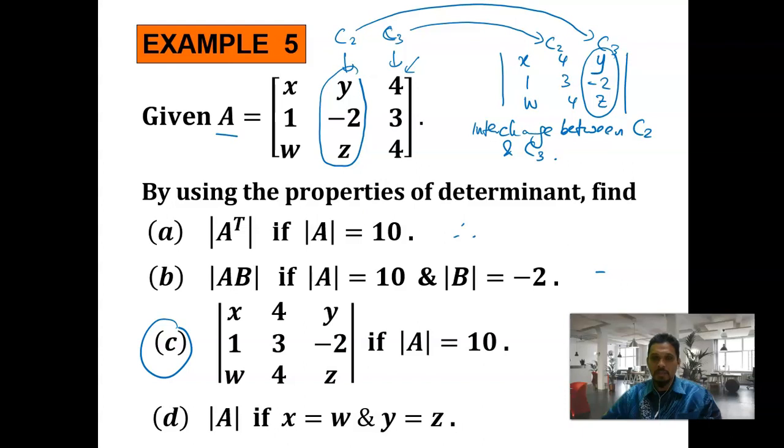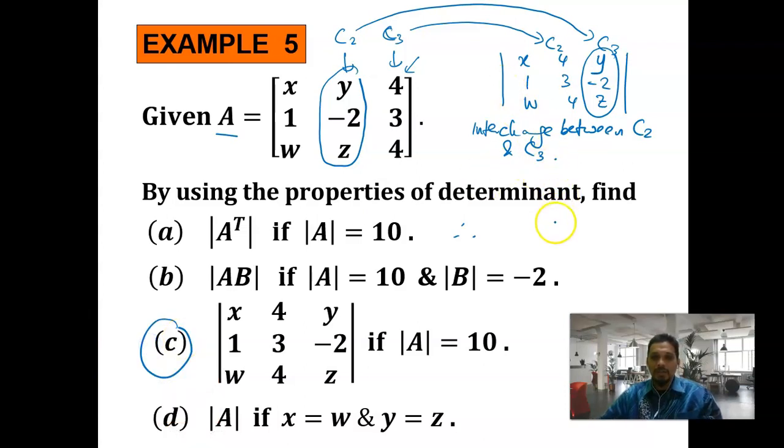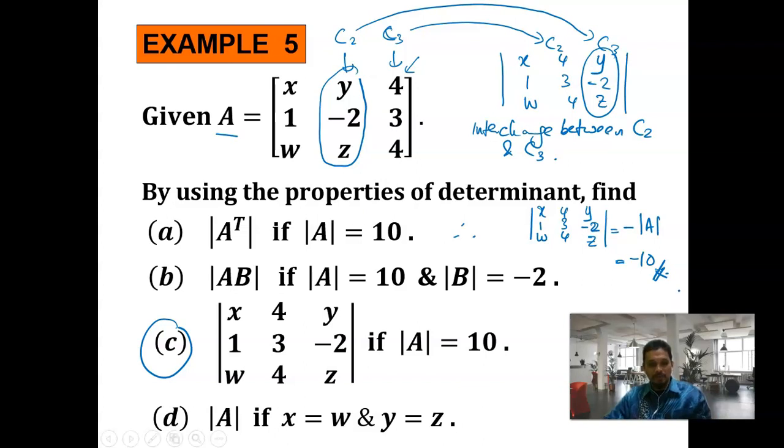Because this video is recorded, I do believe a lot of you know how to overcome this situation here. So the determinant of x, 1, w, 4, 3, 4, y, negative 2, z is the negative of the determinant of A, where the determinant of A equals 10, so it is negative 10 now. So interchange between two rows or columns will give you the negative of the determinant of A.